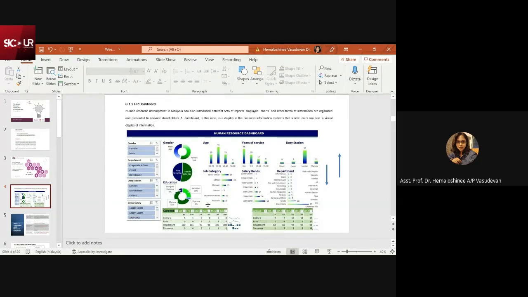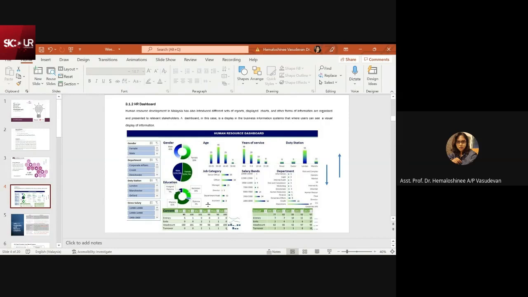Okay, first of all, you must know the HR dashboard. Actually, they are introducing the reports, and they are trying to display the charts, everything, if you need information. So for your company itself, they have their own HR dashboard, and HR handles it.